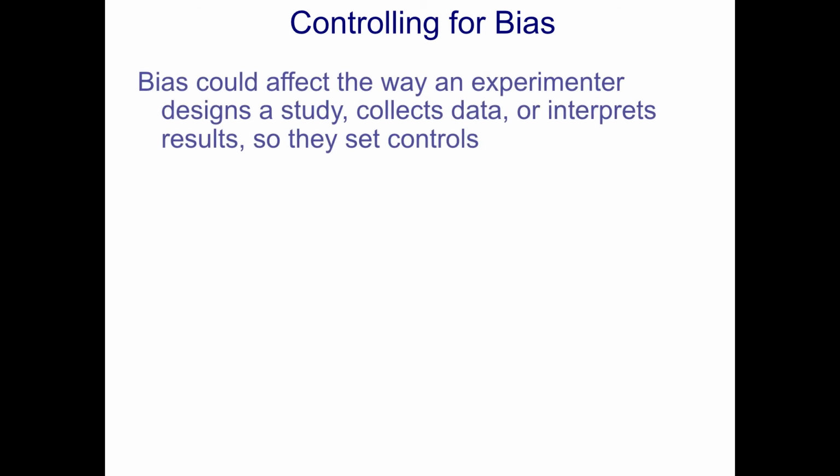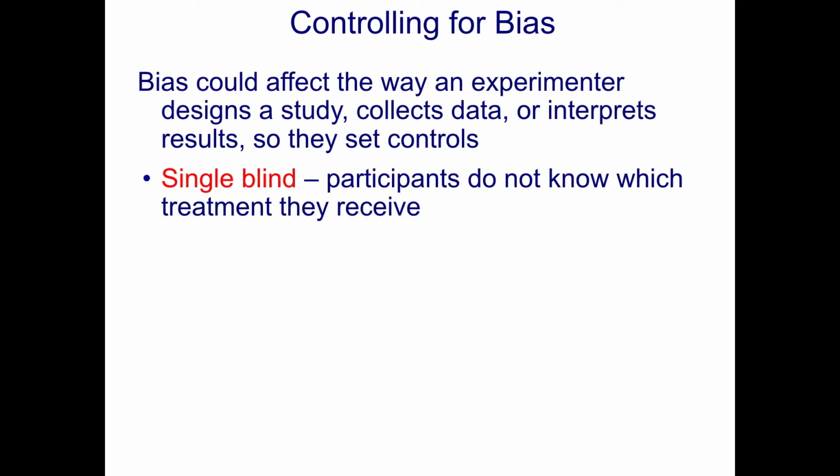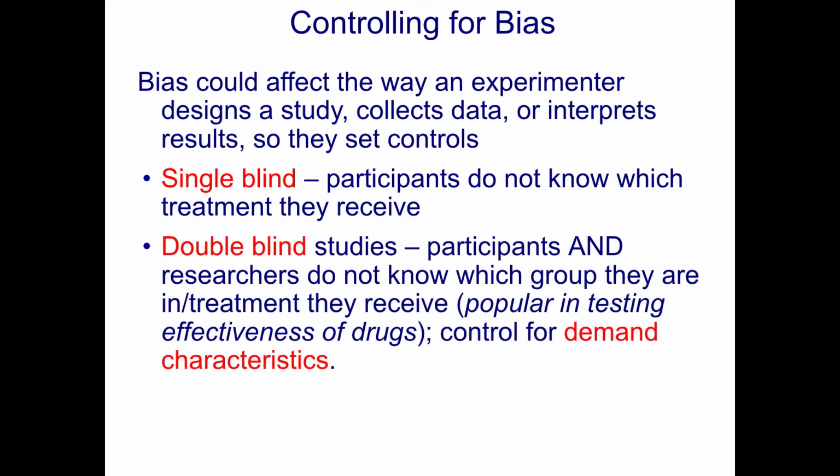Ways that we control for bias are by conducting single-blind and double-blind studies. Now, in a single-blind study, participants don't know which treatment group they're in. So I'm going to use the example of a drug trial, okay? So in a drug trial, you have a group that is in the control condition, which is either given a placebo, meaning a sugar pill, or they're given an older version of a drug.